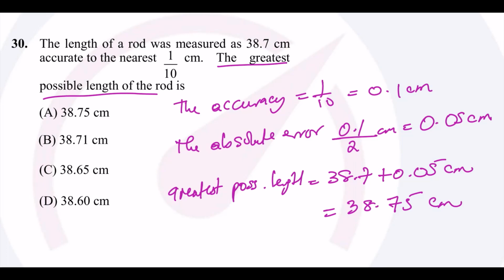Alright, so for absolute error, whatever accuracy they give, to the nearest centimeter, you divide it by 2. Whatever you get, you add it to find the greatest possible length, and if they ask you what's the least possible length, then you would subtract it.